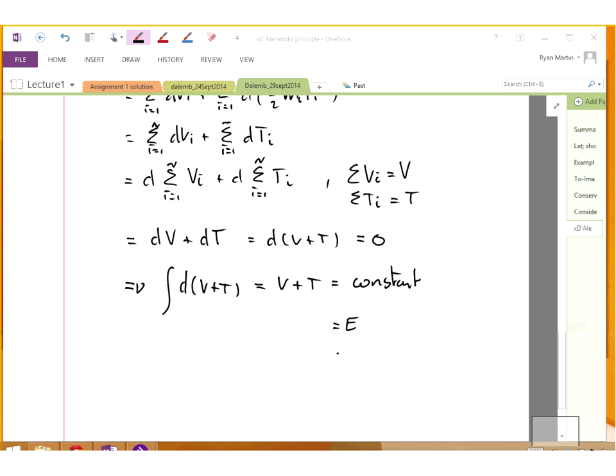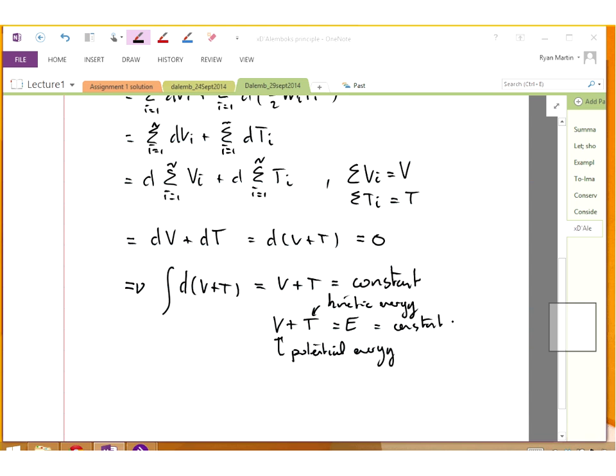V is the potential energy of the system associated with all the conservative forces. T is the kinetic energy. And so this V plus T, the potential energy plus the kinetic energy, is equal to a constant. Well, that's called conservation of energy, right?